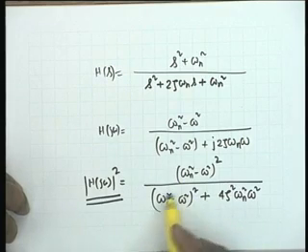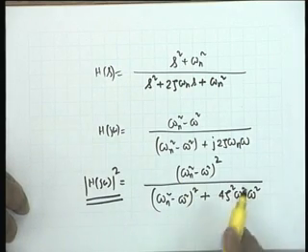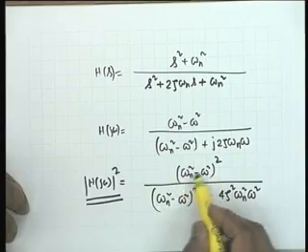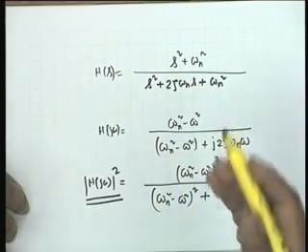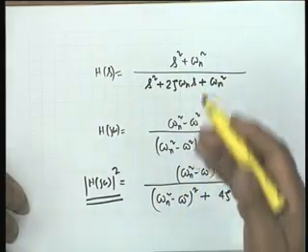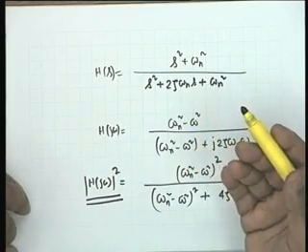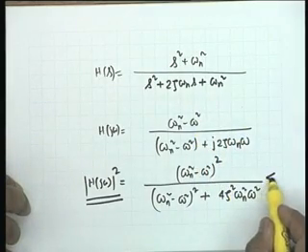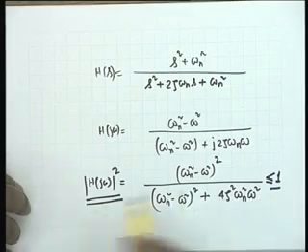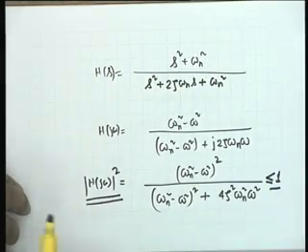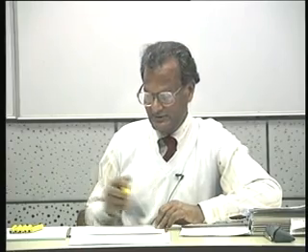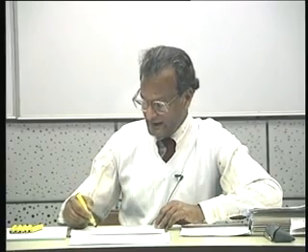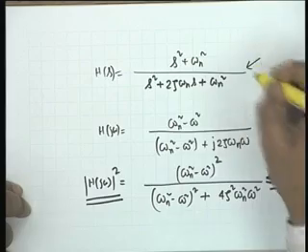The denominator is the sum of two squares, cannot be negative either, and this term is identical with this, so the denominator is always greater than or equal to the numerator. So this must be less than or equal to 1. In other words, the maximum possible value is 1. Now how can 1 be reached? That is the question. Well, for that either you look at this or you look at this.